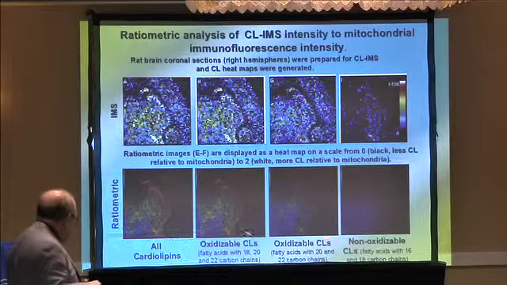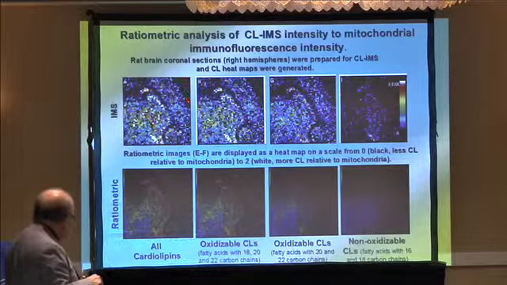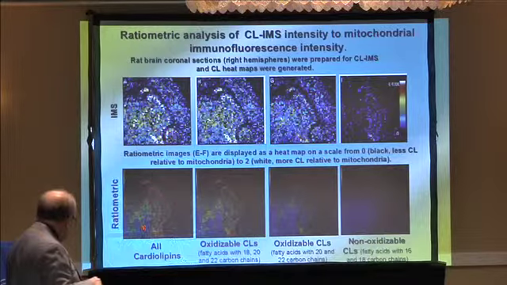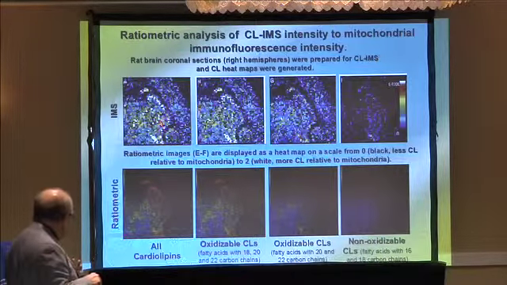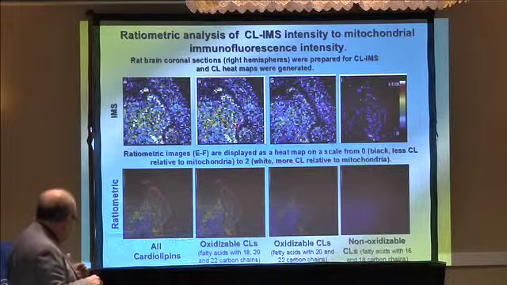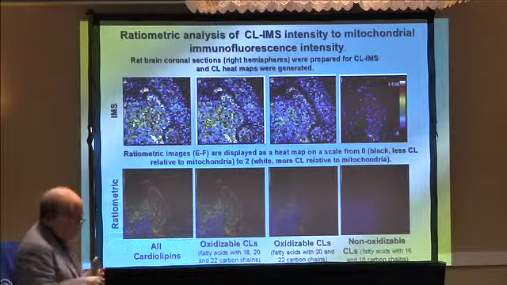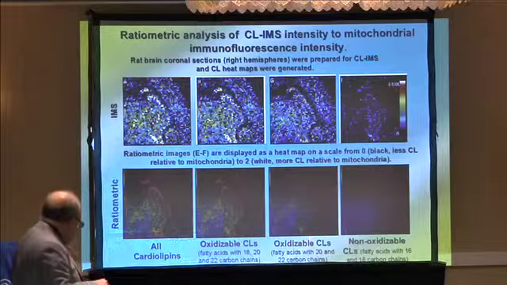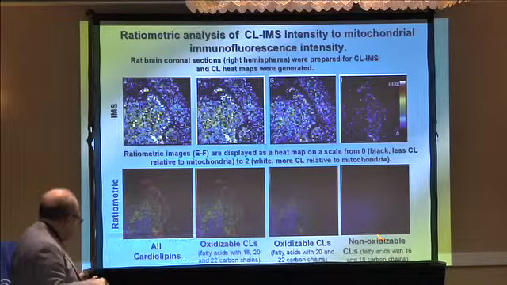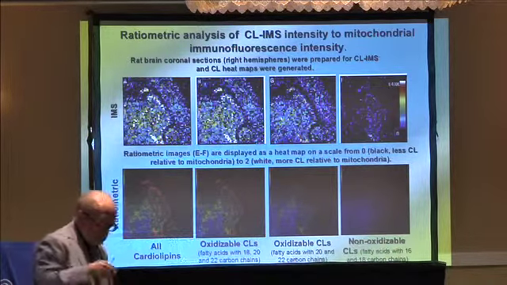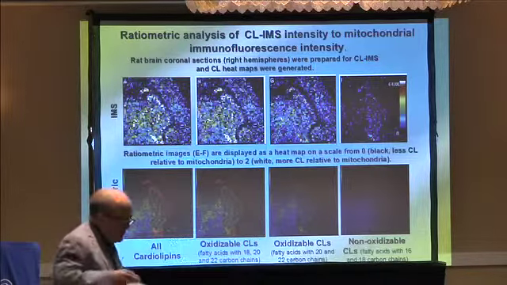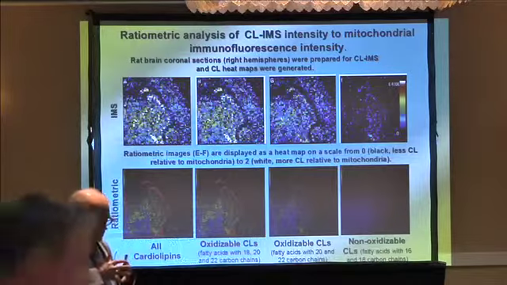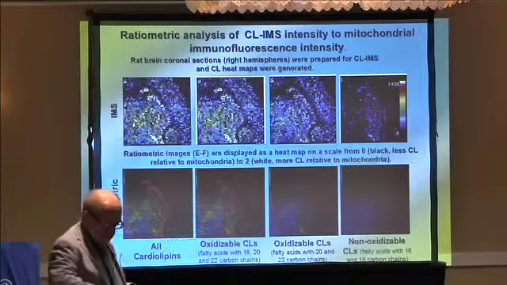In this way, you can detect and build heat maps for all species of cardiolipin that you can detect, and then find which of them are oxidizable, less oxidizable, with longer carbon chains, shorter chains, and so on. So overall, this gives you a very good understanding that cardiolipins are a remarkably diversified group of molecules.